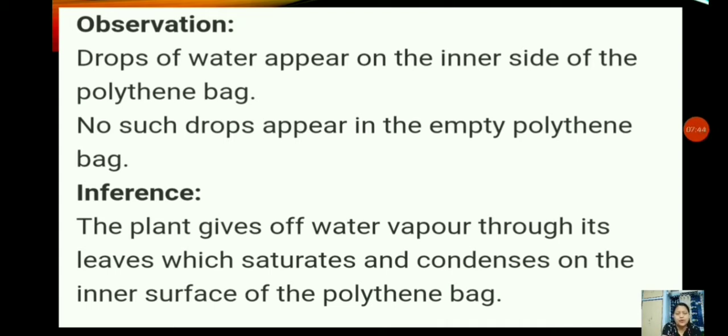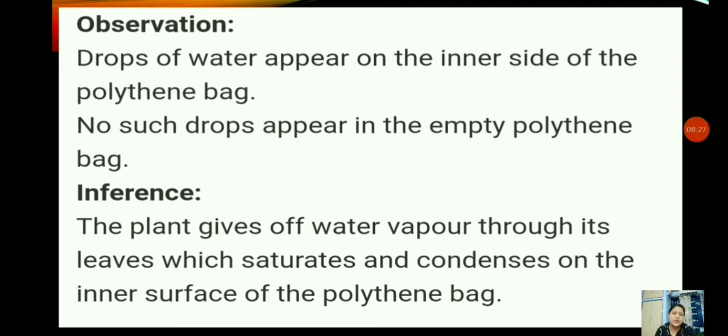So what will be the observation? Drops of water appear on the inner side of the polythene bag, and no such drops appear in the empty polythene bag.